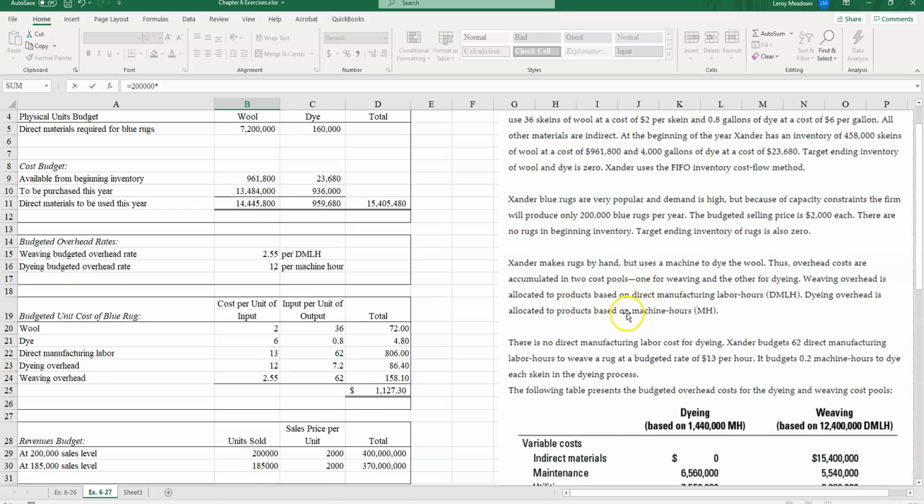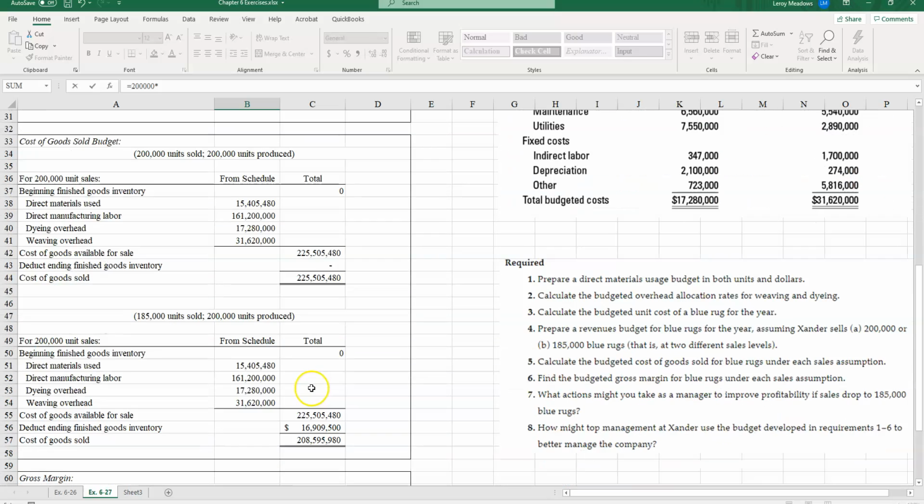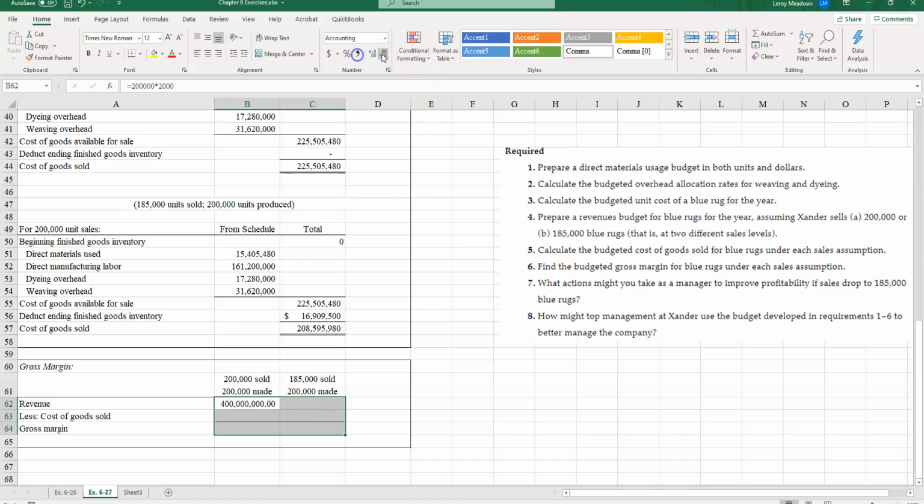And we are told that the sales price is, let's see here, $2,000 each. So $2,000. And so my total sales, if I sell and if I sell 200,000 rugs and make 200,000 rugs, 400 million.